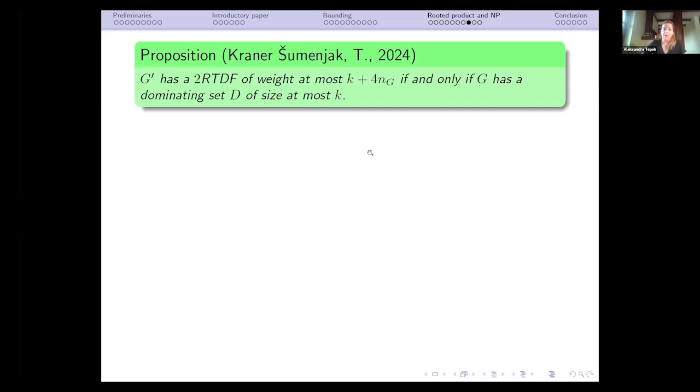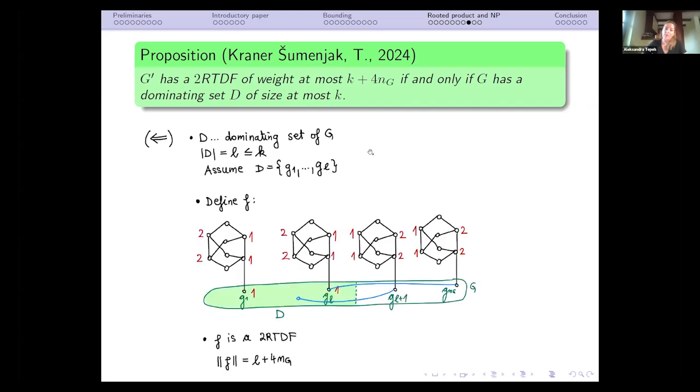One way is quick. Just take a dominating set D of G and, without loss of generality, assume that the vertices in D are denoted g_1 to g_l. We have l vertices here, and by assumption, this is at most k.